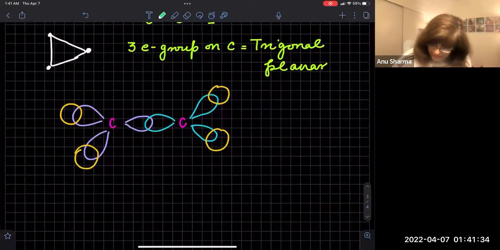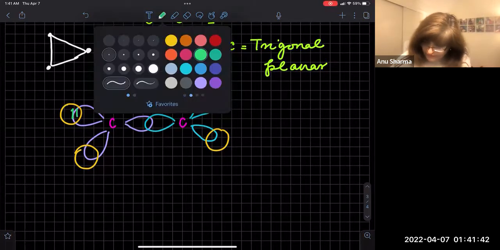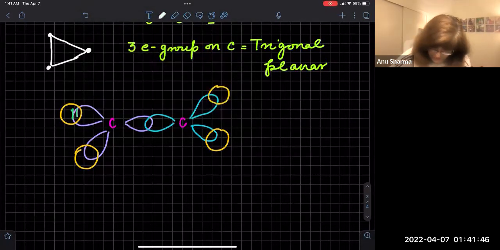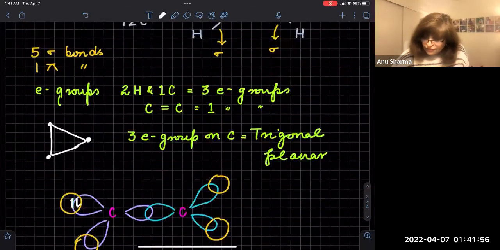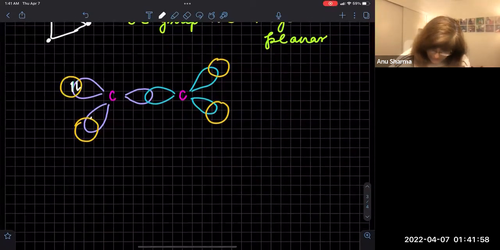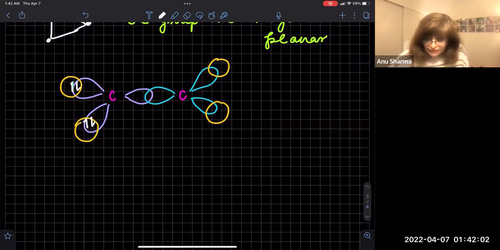Now let's put in the electrons. One hydrogen is bringing in 1 electron. Let's use a white color, which might be easier. Every carbon has 1 electron on this lobe, and the hydrogen is bringing in 1 electron.